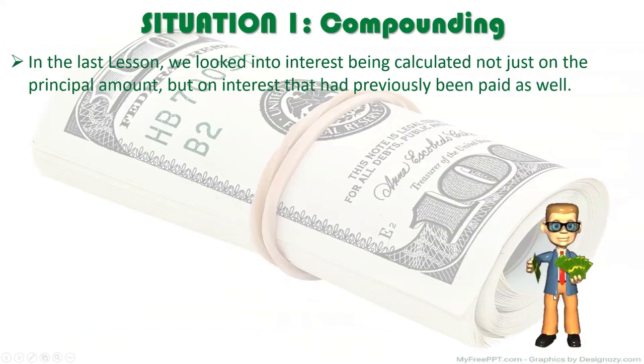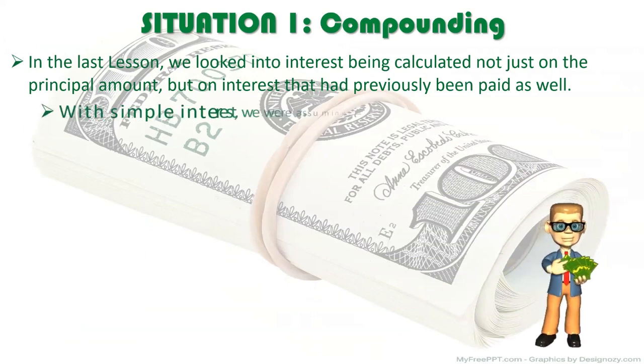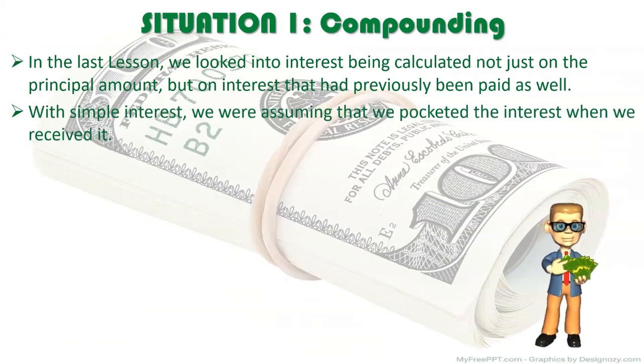In the last lesson, we looked into interest being calculated, not just on the principal amount, but on interest that had previously been paid as well. With simple interest, we were assuming that we pocketed the interest when we received it.